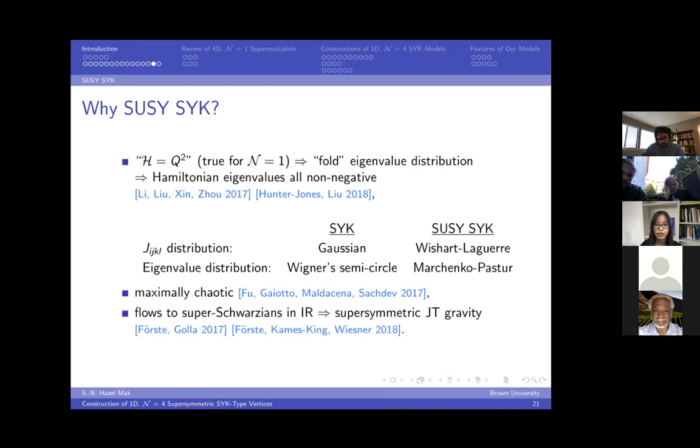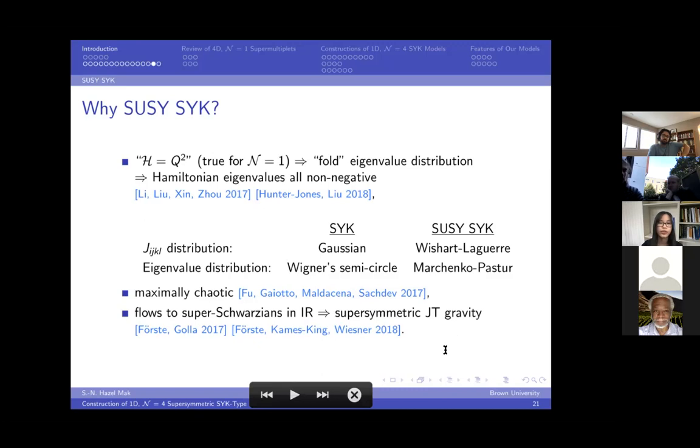But those models, when in 2D, are not maximally chaotic. I think it's a fraction of like 0.68 or something of the Lyapunov exponent. But the 1D n equals 1 and n equals 2 models are maximally chaotic. So it's very interesting to study, as it preserves the features of ordinary SYK models.